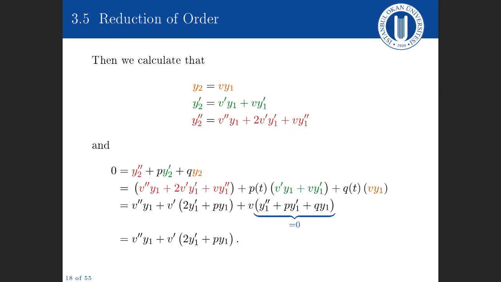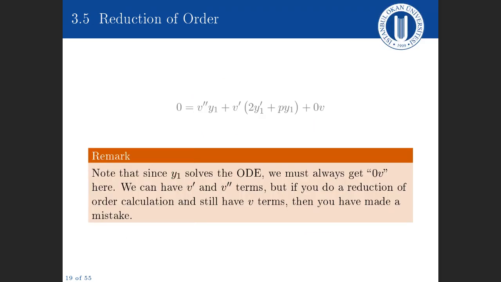So we get v double prime y1 plus v prime multiplied by 2 y1 prime plus p y1. Okay, let's just talk about the equal to 0 first of all. When we do the method of reduction of order, we must always get a 0 here. We must always get a 0 v. Why?